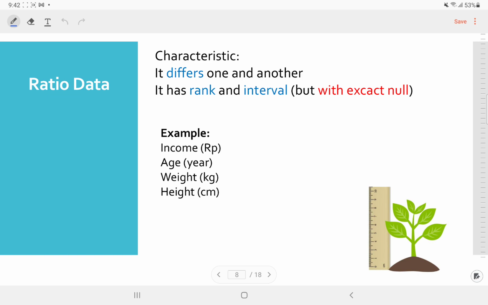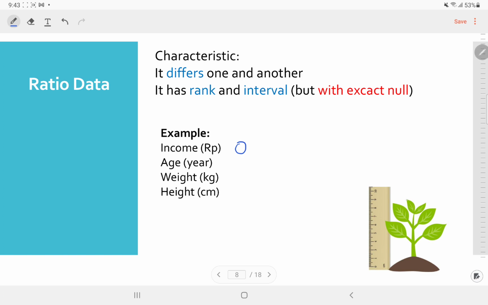And just take a look at each example. If we don't have any income, just write 0. It means that you don't earn any money. And also the height of the plants.